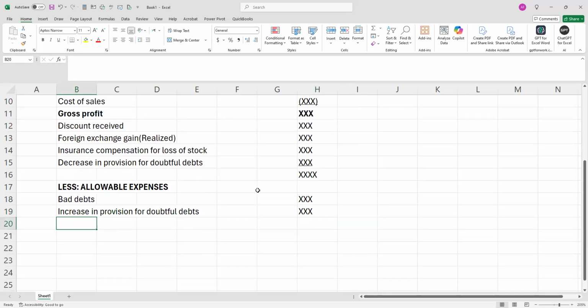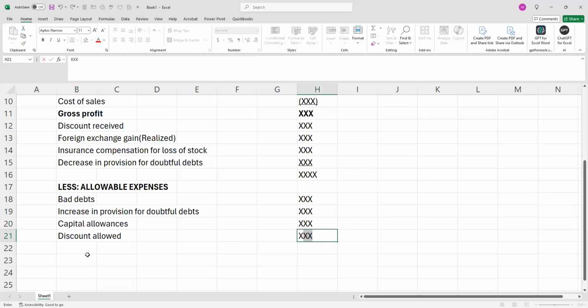Consider maybe the aspect of capital allowances. Say discounts allowed. Consider your rent expenses. You have it here. Consider salaries and wages. You have it here.